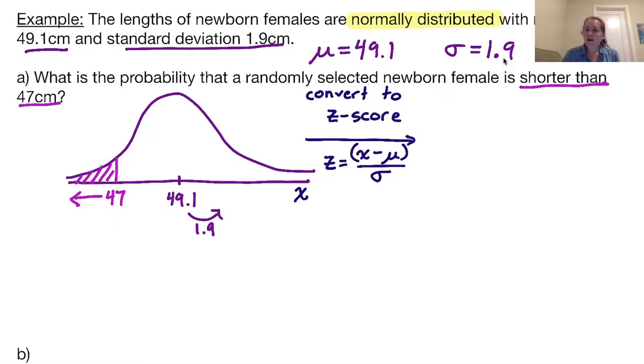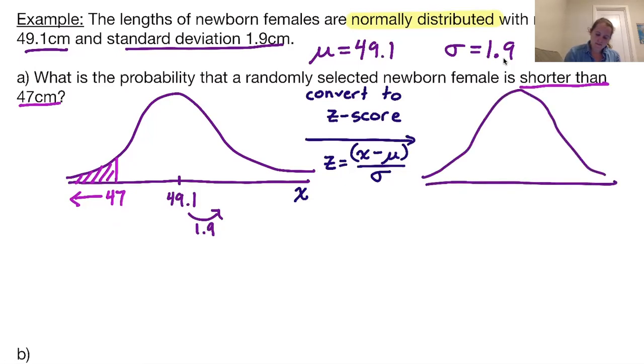It turns out when we convert to z, the mean always converts to 0 and the standard deviation always converts to 1. So we get a very specific curve, but it looks the same, it just is scaled differently. So this is our z-score. The mean will now be 0. When we do the mean minus the mean, we'd get 0 divided by our standard deviation.